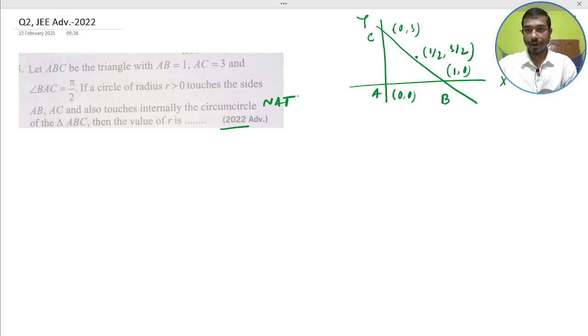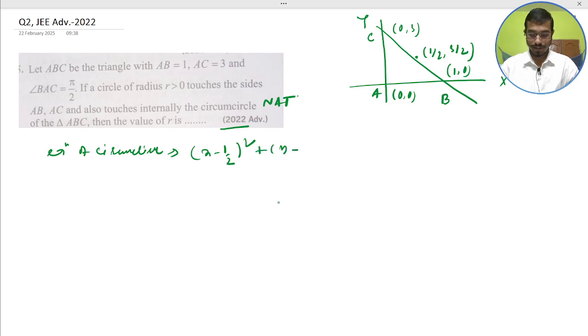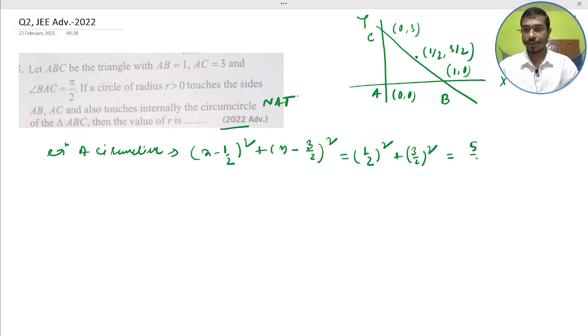You will get the midpoint of these two coordinates. So the equation of the circumcircle is (x minus half) whole square plus (y minus 3 by 2) whole square is equal to the radius squared, which you would get as 5 by 2.